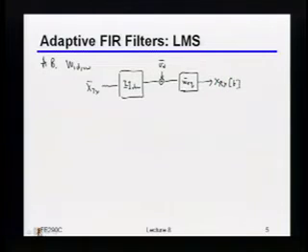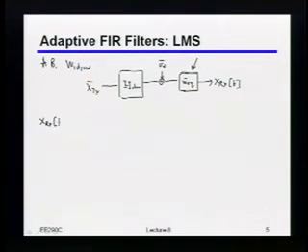So to see how we can figure out how to adapt that equalizer, whose coefficients will just be the entries in this W vector, let's take a look at what it is that I actually receive. In other words, what is that actually comprised of?